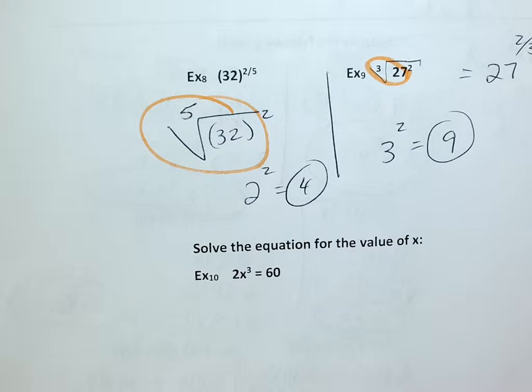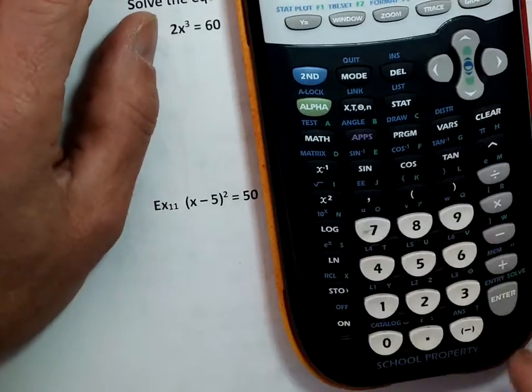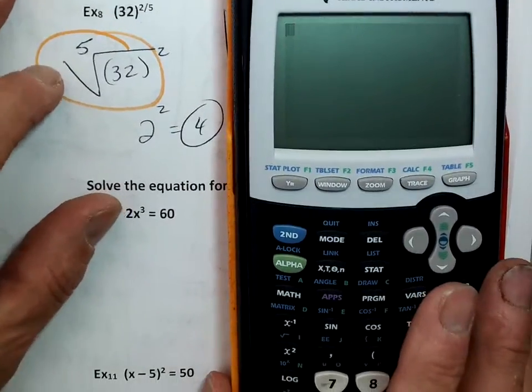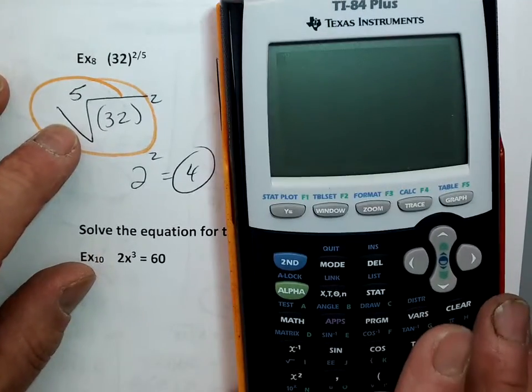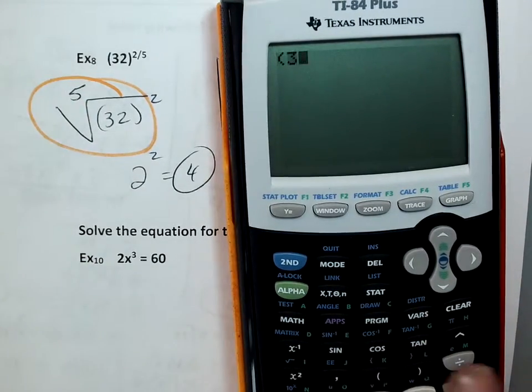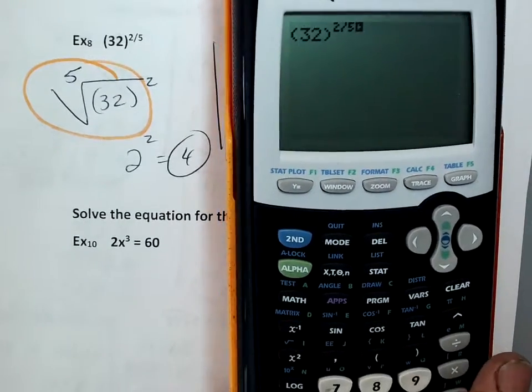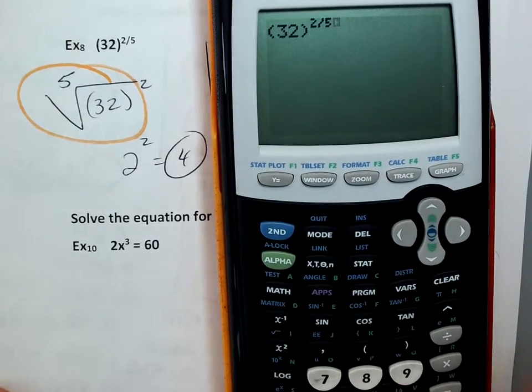Now, granted, I'm going to be honest with you, on these, since there's no x's, you really can do these on a calculator. So, for example 8, I don't mind showing you the technology. Caleb loves the technology. So if you go, for instance, 32 to the power of 2/5, right? Check it out. If there's no x's, they're just numbers. And boom, enter. What'd you get? 4.